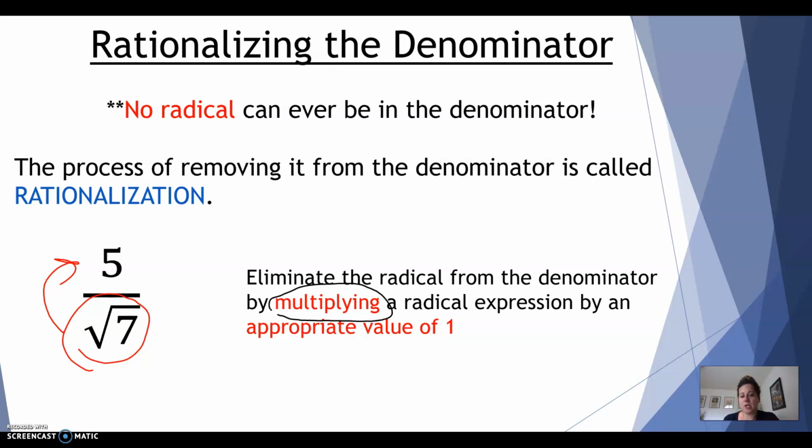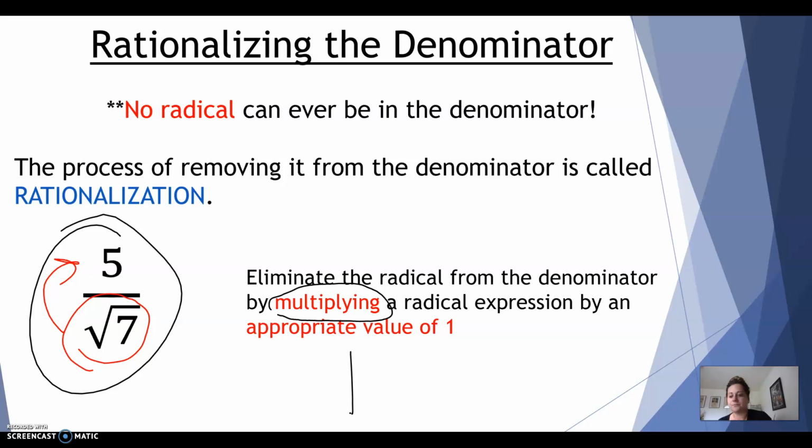So we're not changing this problem. We're going to multiply it by 1. Now, it's not going to just look like a 1. It's going to be a value of 1, because you can multiply any number in the world by 1 and you would still get that number. So we're not trying to change the problem.